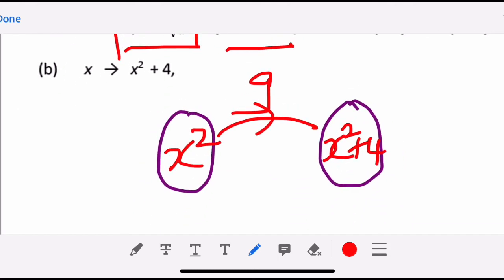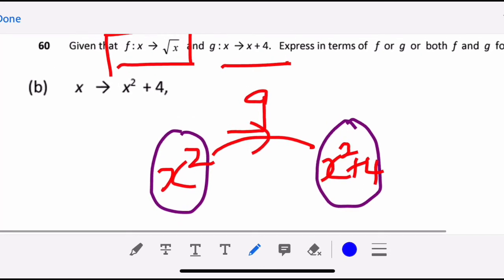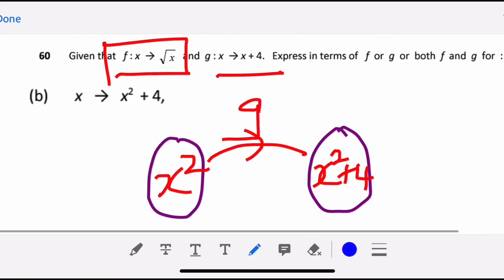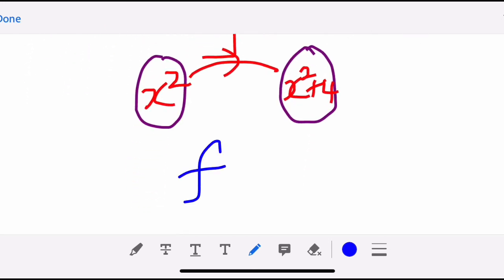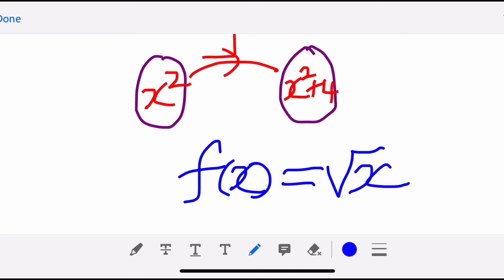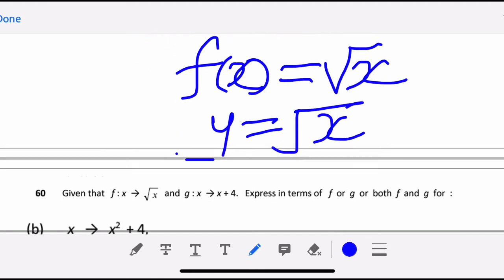And this x squared is what function is that? It cannot be f(x), because f(x) is square root of x. So we want to know what is x squared representing by the function. So you try to find the inverse. You let y equal to square root x, right?